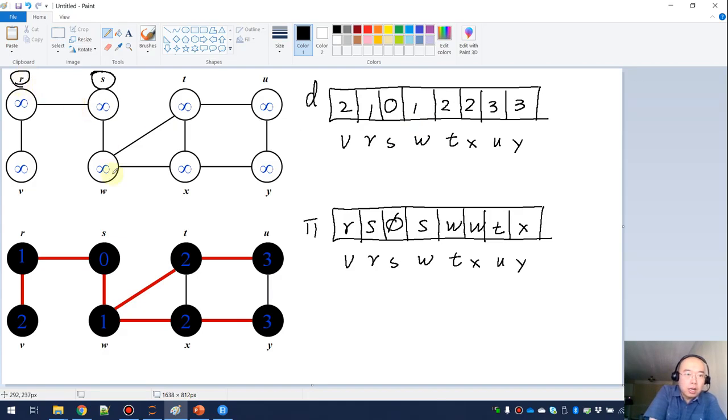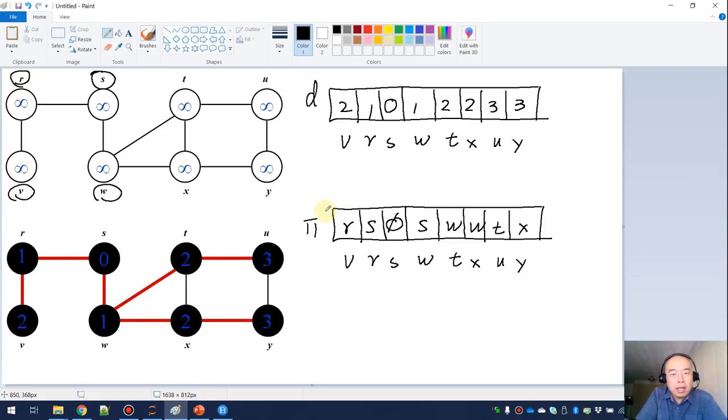R and W are the direct children of S. So the distance from R and W to S will be 1. And then how about V? So the distance from V to S will be 2, because V has a parent of R, and R has a parent of S. So the distance between V and S will be 2, right?